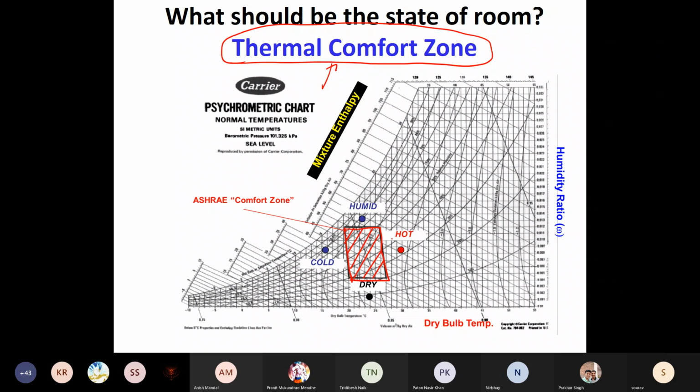So this shaded region is where 80% of the people for whom ASHRAE did the survey felt comfortable. ASHRAE being an American organization, they conducted the survey in America, which I feel is a good representation because the American country has a large span in terms of latitude, and it also has a large mix of various people.